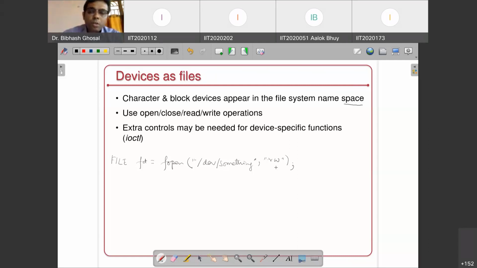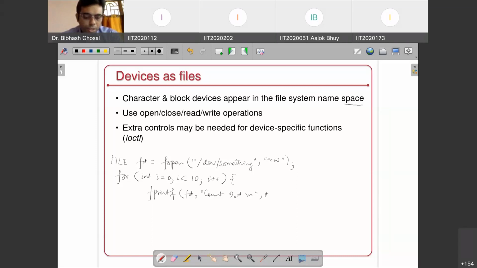Very similar to how a file gets opened, it returns a file descriptor, and then we use some mechanism. Let's say int i equal to 0, i less than 10, i plus plus, and what I do here is write something to the file which is indexed by this file descriptor, some value of, let's say, count.